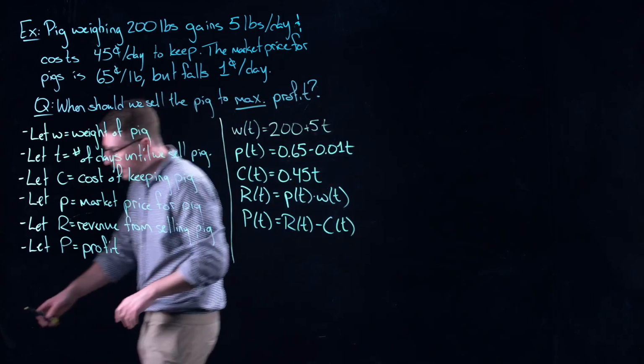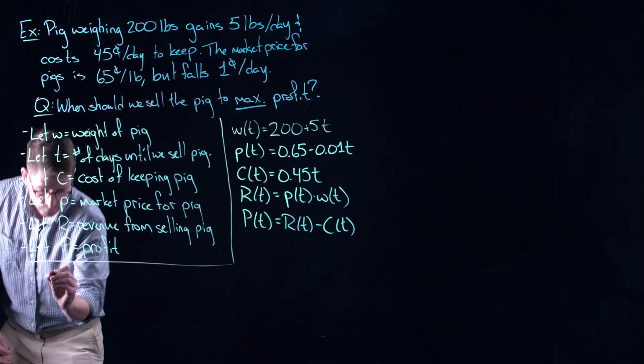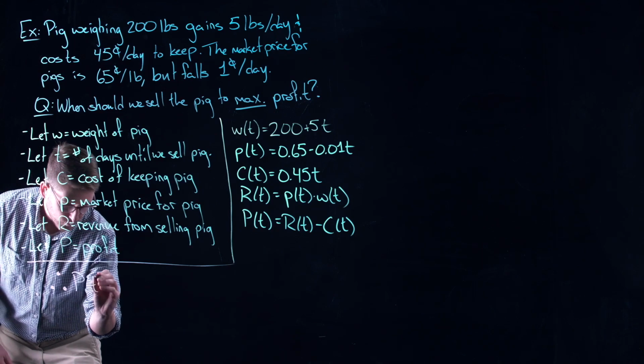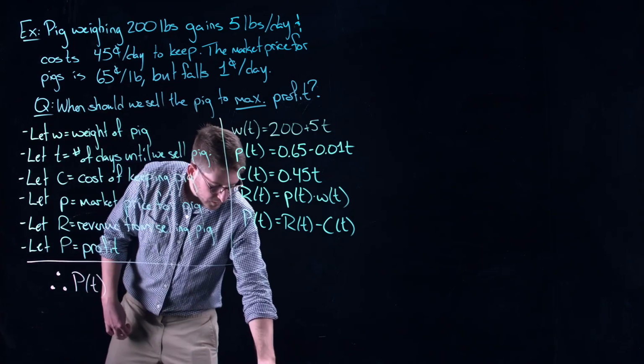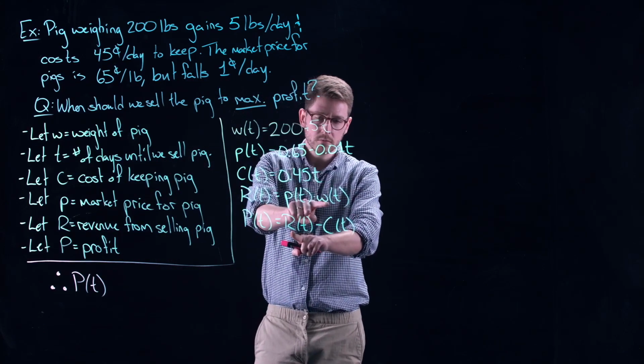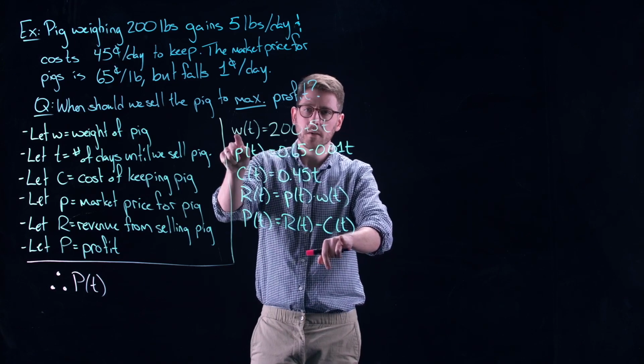We're going to get one nice equation that we want to analyze here. Here's our equation. So therefore, we built our mathematical model. It is profit as a function of time. This is going to be PW minus 0.45t. P and W are right here.